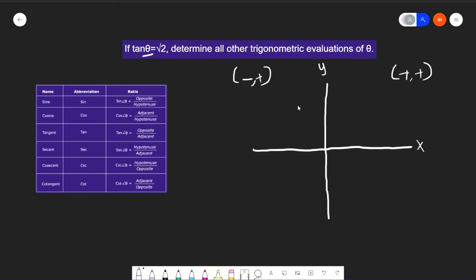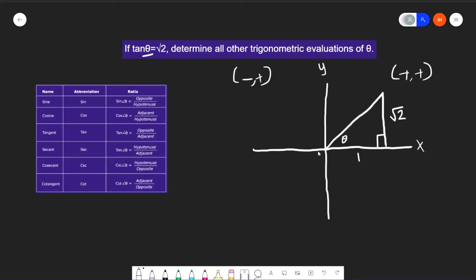They repeat themselves in the sense that, for example, the tangent of theta could be the square root of 2 if I had a triangle here where the angle's theta, and tangent, if we remember, is the opposite over the adjacent. So the opposite side divided by the adjacent should be square root 2. To do this, I could just make the opposite side square root 2 and the adjacent side 1, right? In this case, the tangent of this angle would be square root 2 divided by 1, which is square root 2.